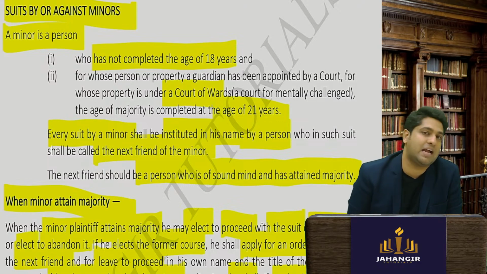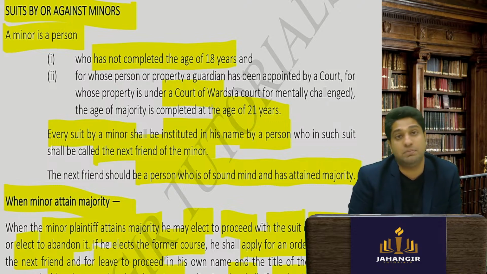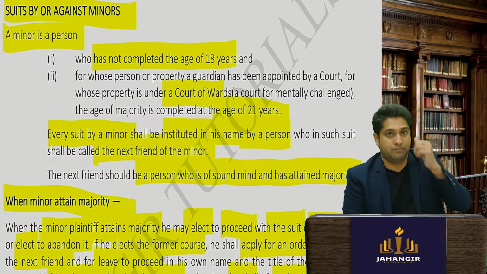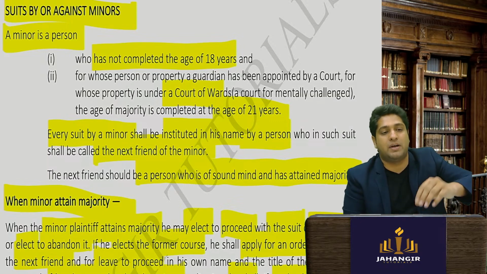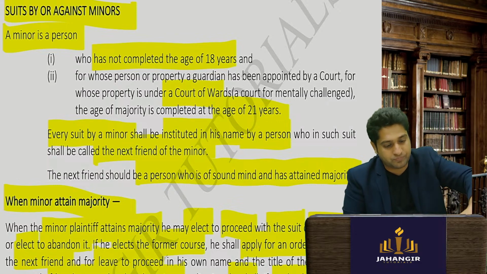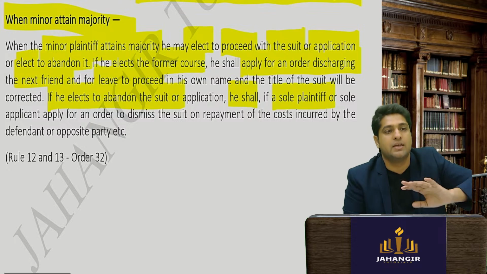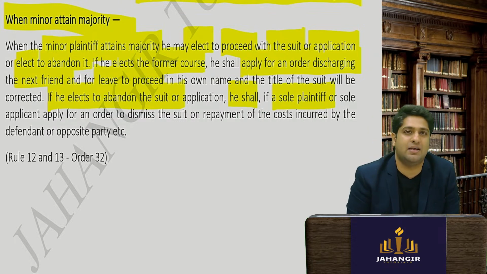A minor can sue with the help of a guardian and be sued, but only his property can be sued if some gain has been taken from that property for the minor. Personally, he cannot be made liable. Now, what happens when the minor attains majority?